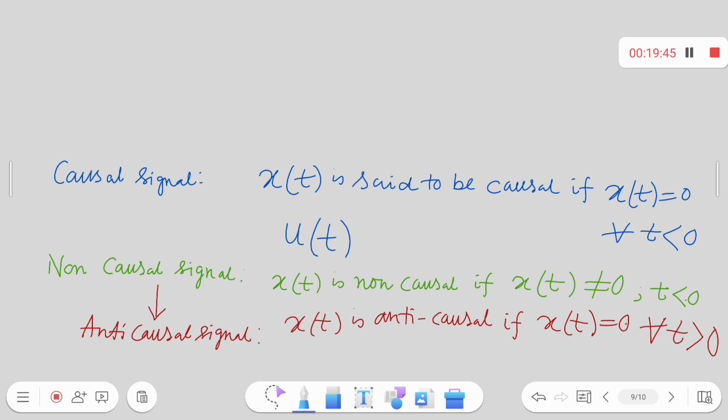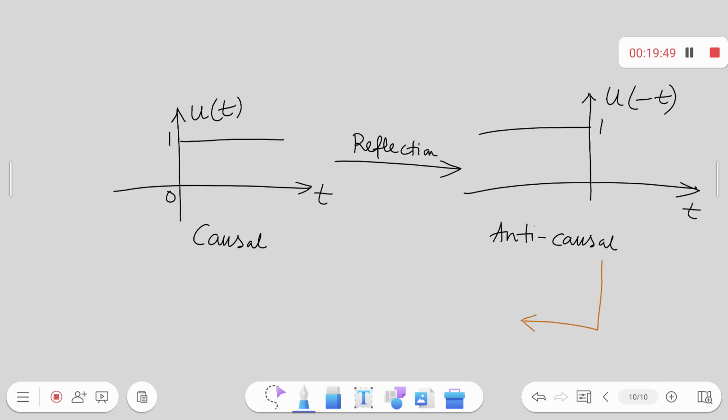So how can I make the signal strictly non-causal? From this anti-causal u of minus t, something like u of minus t plus something. Is it u of minus t minus t? No.